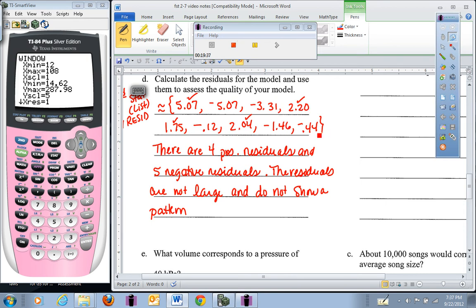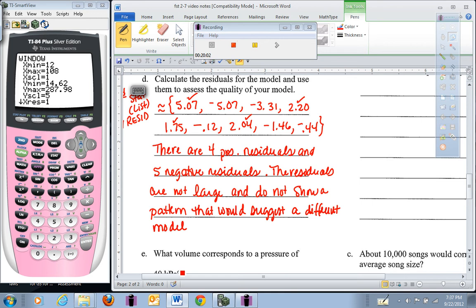So that can tell you something, okay? But they do not show a pattern that would suggest a different model. We will work much more in lesson 2.8 on residuals.